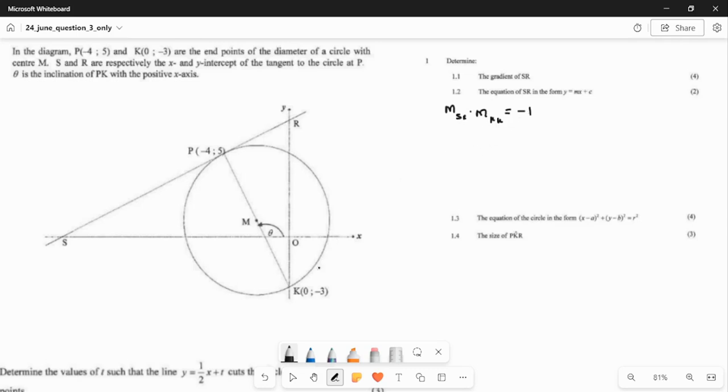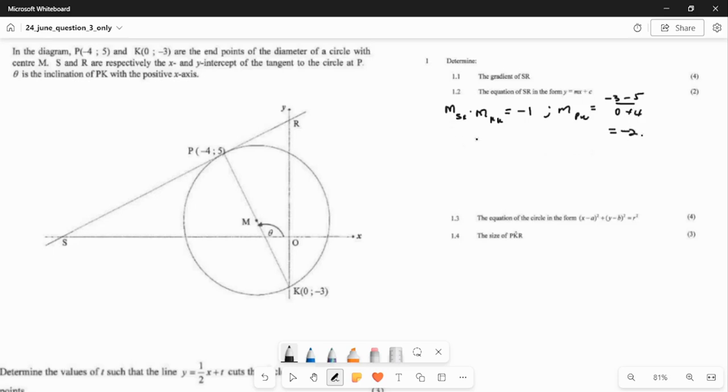So we've got two unknowns. However, we can find the gradient of this diameter. We can look for the gradient of PK. We can just say -3 minus 5 divided by 0 minus -4. So it's going to be +4. -8 divided by 4, that's -2.